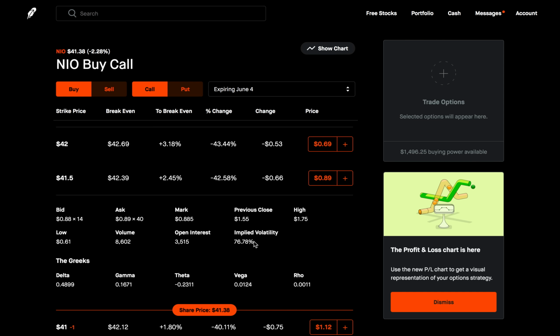Now, on the other hand, if IV drops by 1% right now, the premium here will go down by whatever Vega is. So if IV drops by 1%, the new premium would be 0.89 minus 0.0124. So that's how Vega is related to implied volatility. So overall, the higher the IV on an option is, the higher the premium on the contract will be. The lower it is, the lower the premium on the contract will be.